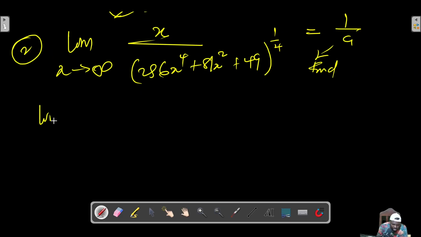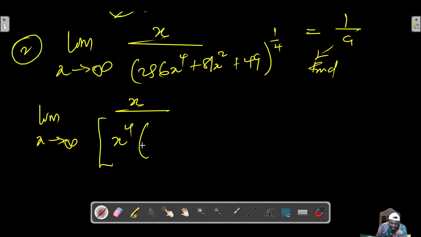So what will I end up with? The limit as x approaches infinity of x divided by, here I can factorize out x to the power 4. What do I get?